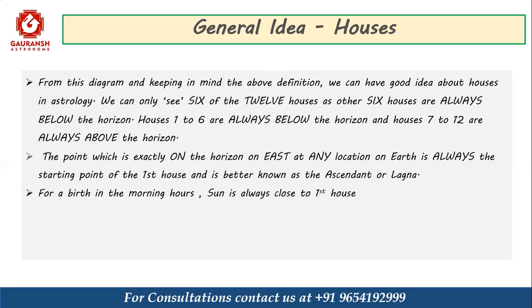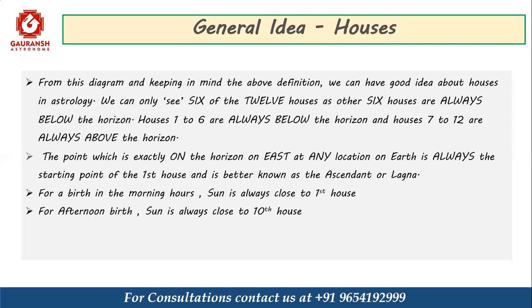If anybody has a birth in the morning hours, closer to the sunrise, you will always find that the sun is close to the first house, and in most cases it could be in the first house or the second house. If it is just before sunrise, it would be the 12th house as well.